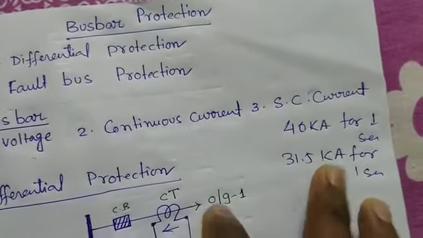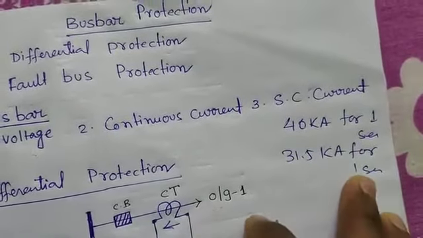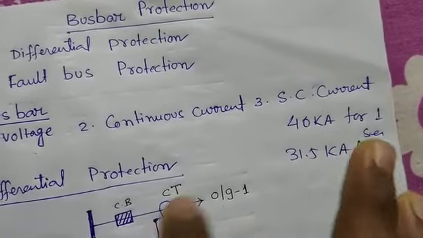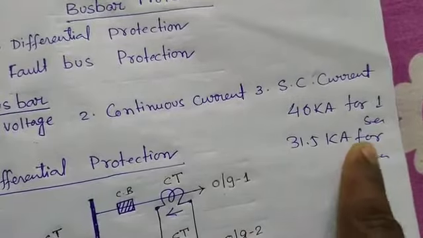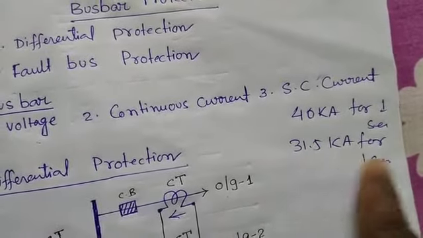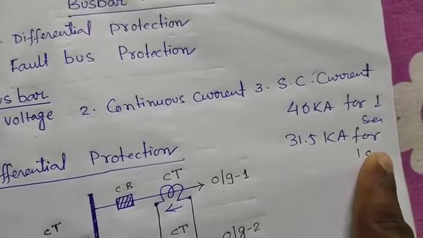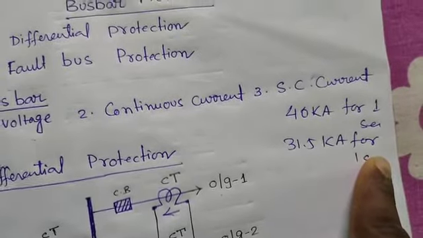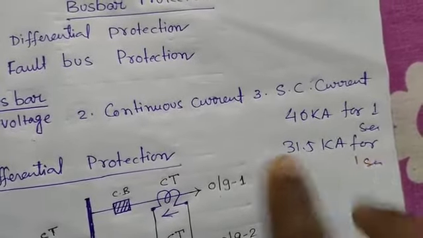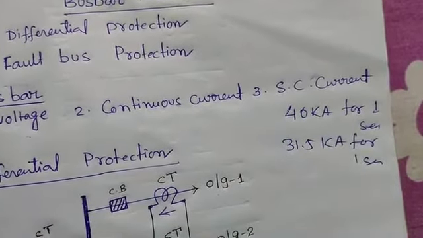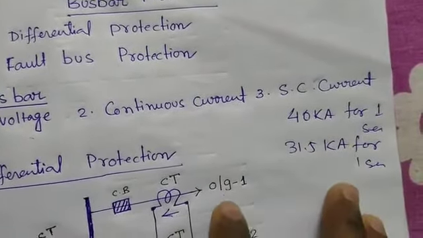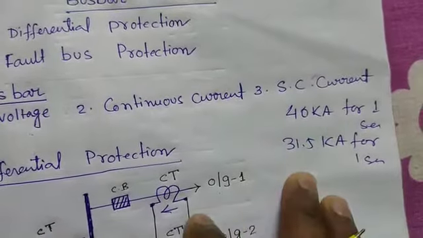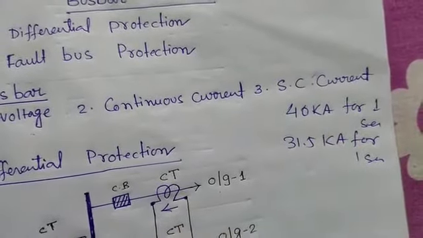Short circuit current means if some fault occurs, the current will flow, and the short circuit current capacity is up to this. If a current higher than this flows to the bus, then the bus can be snapped or something else can happen there. So friends, you should remember the short circuit current capacity in the design of the bus bar systems.